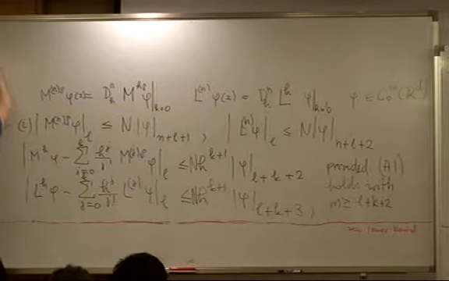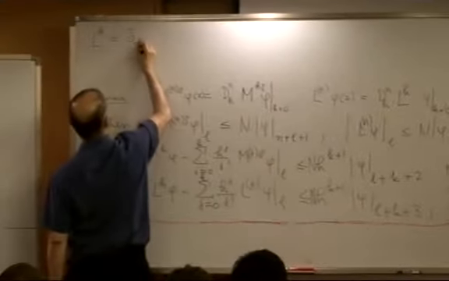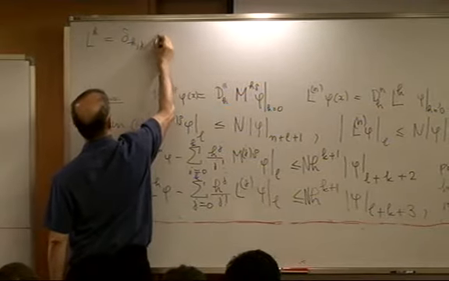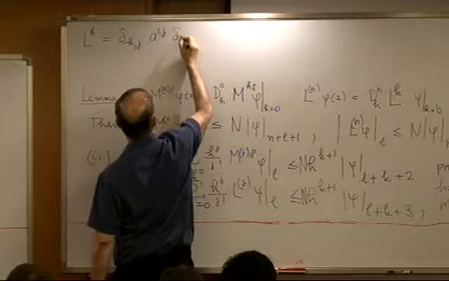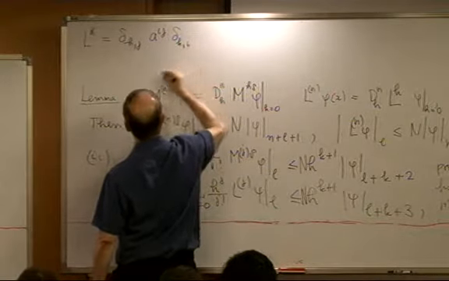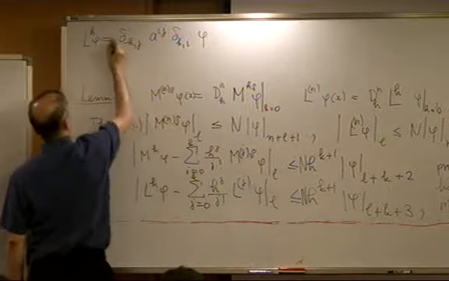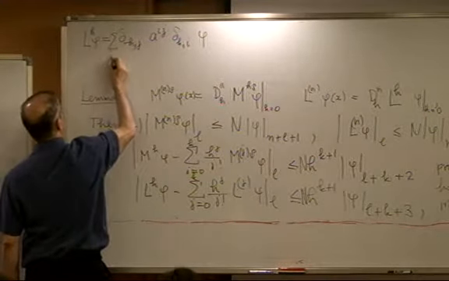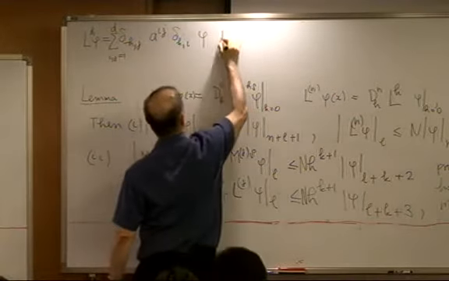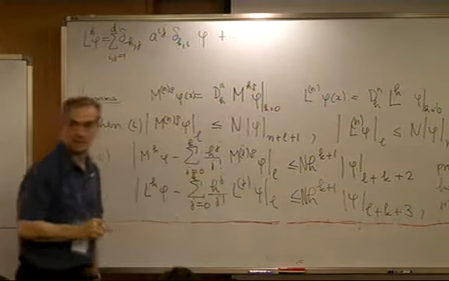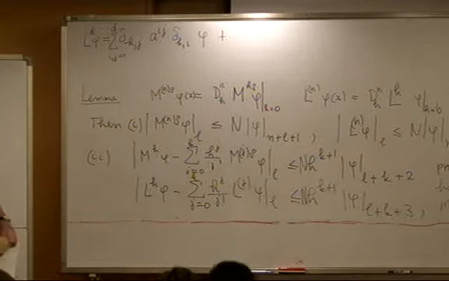L h has this form: delta minus h j A i j delta h i acting on phi, summation over i, j from 1 to d, plus the rest. Let us not concentrate on the rest, because that is the easy part.